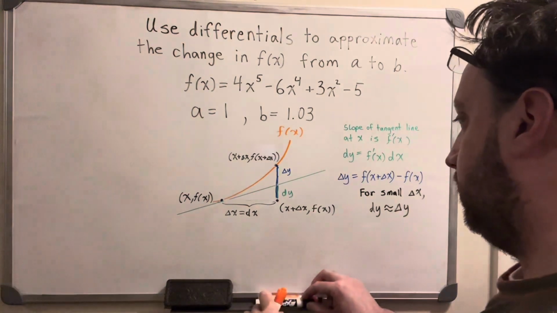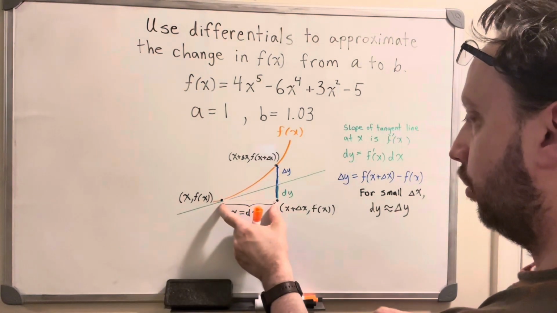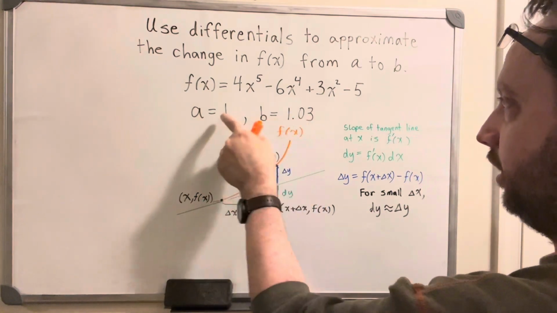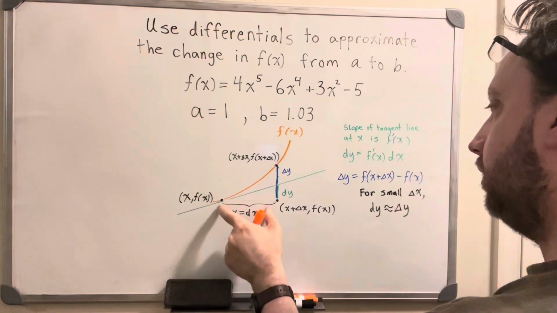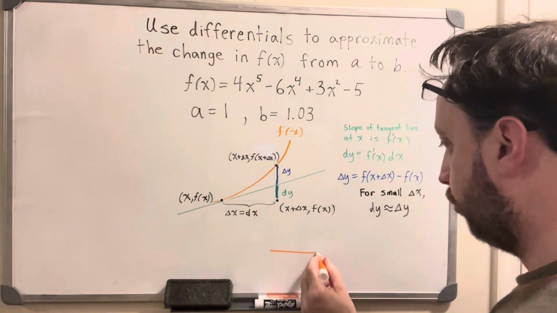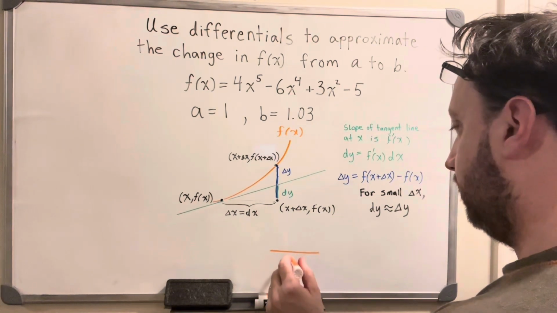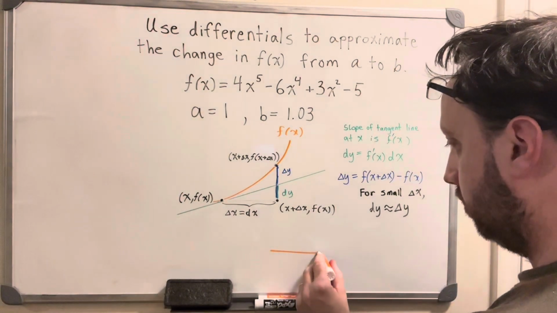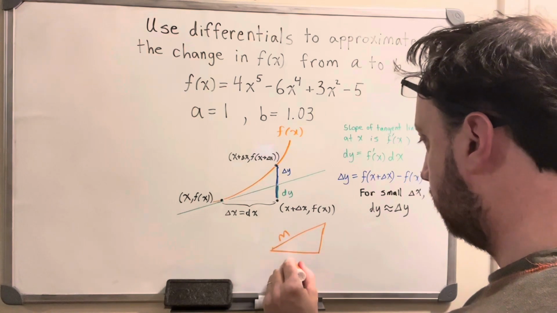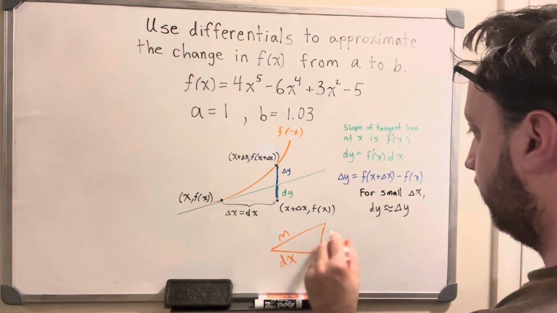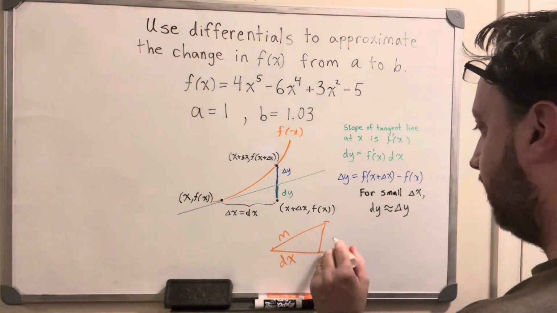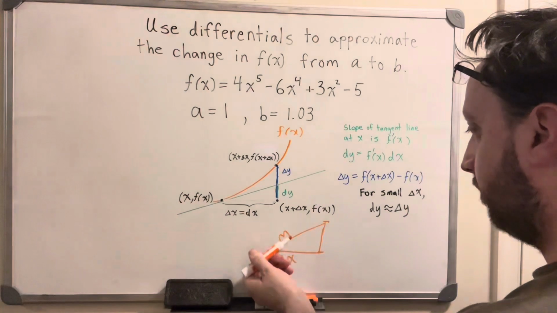The horizontal distance is known because we picked it, it would be 0.03. So if you have the run of a right triangle and you have the slope, then to find the difference in height, you don't need two height values. You can just say the run times the slope, right?